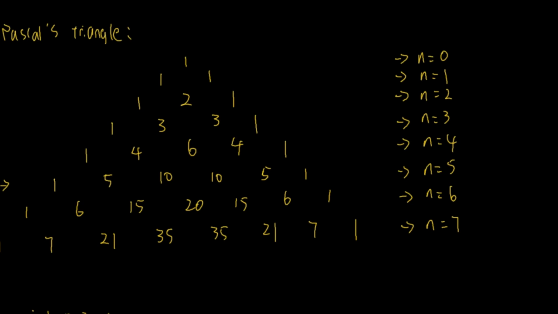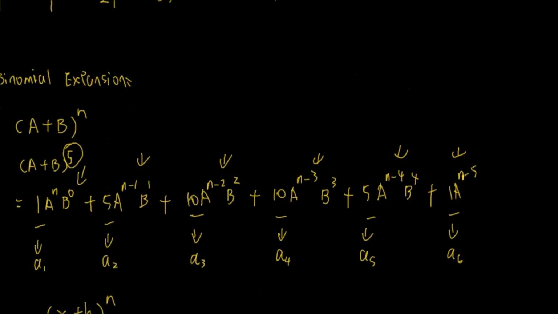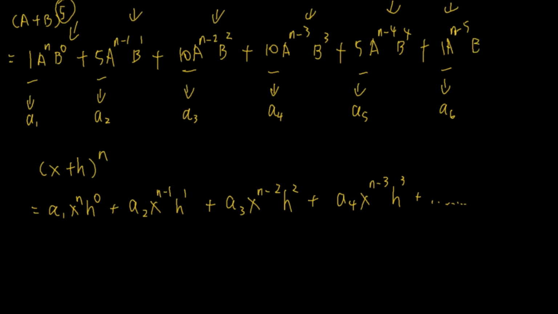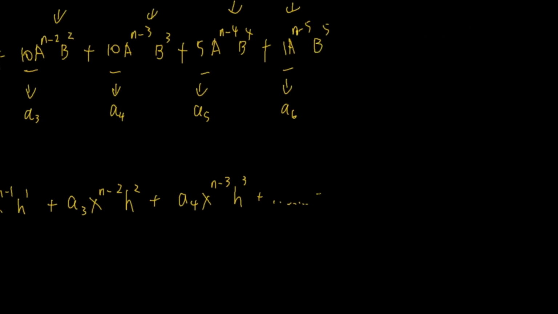That means the number of terms in the expanded polynomial is 1 more than the exponent, the degree of power. So if this is n, then the last coefficient I would call plus a subscript n plus 1. It's always 1 more than the exponent.